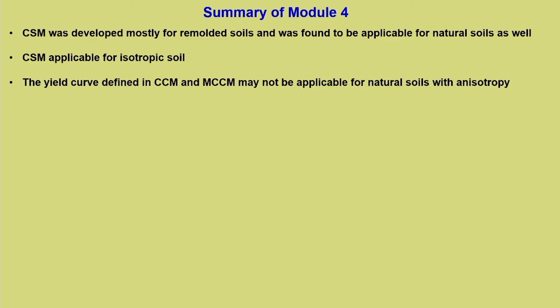Now here is the point, in natural soils we tend to have anisotropy because of the way in which it is formed. Most of the soils are formed by sedimentation. So sedimentation means layering, and when there is layering, there is a possibility of anisotropy.